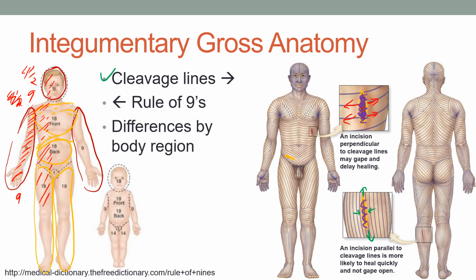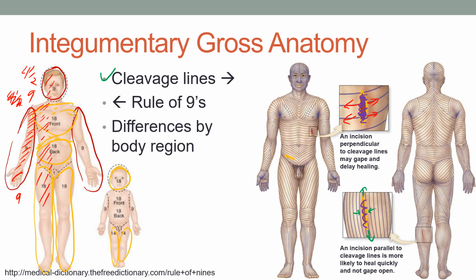Interestingly enough, children have much bigger heads than the rest of their body, and their legs have not grown as much. So you reapportion this as 2 9s for the head, and then about 9.5, 9 and another half of a 9, 14.5 for each leg.